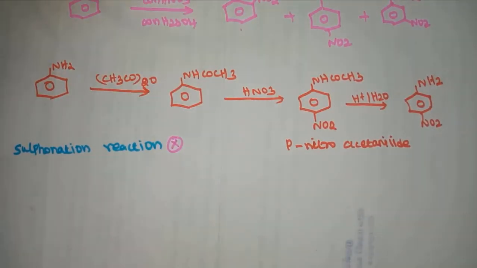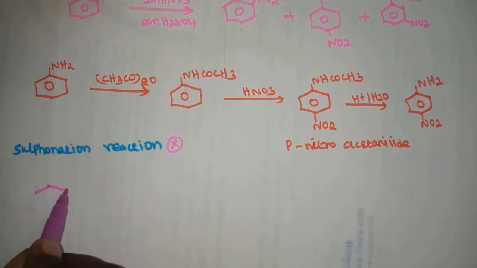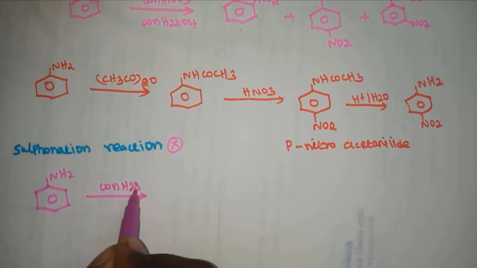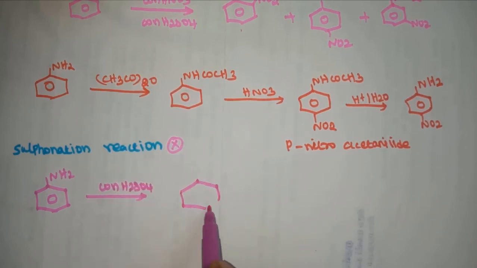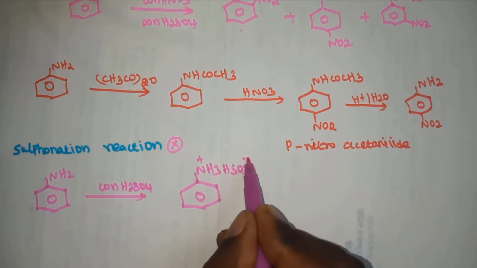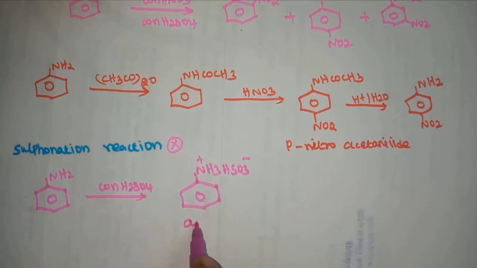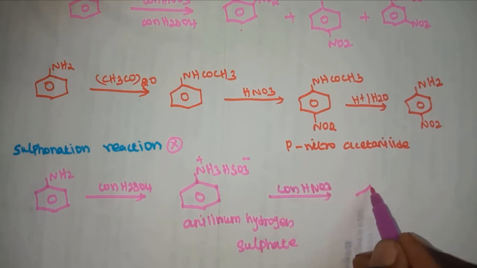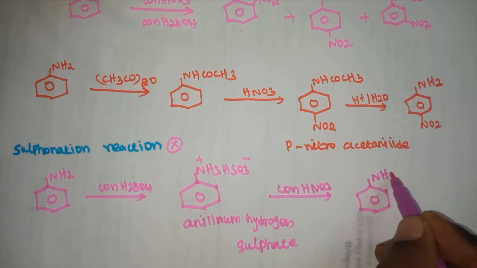Next one is sulfonation reaction. Aniline reacts with concentrated sulfuric acid to form anilinium hydrogen sulfate, NH3+ HSO4-, which on heating gives para-aminobenzene sulfonic acid.